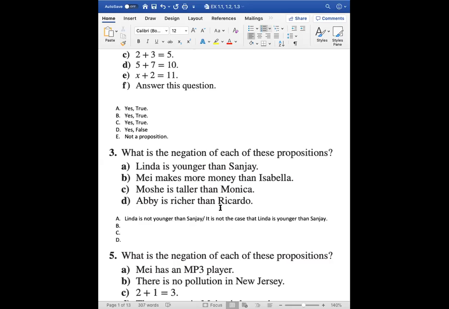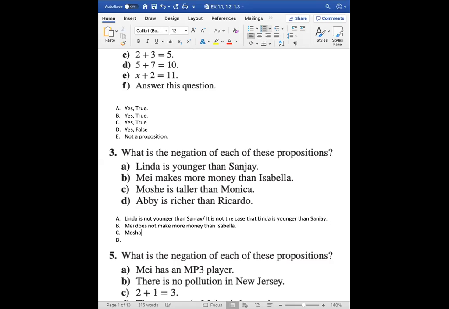So the next one is Mai makes more money than Isabella. So we can say Mai does not make more money than Isabella. Mosh is taller than Monica.